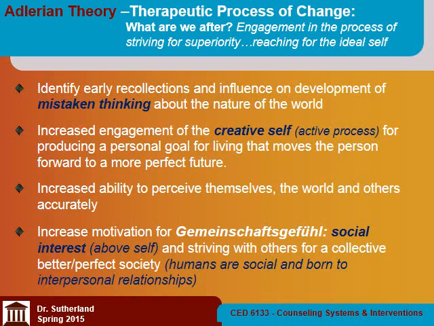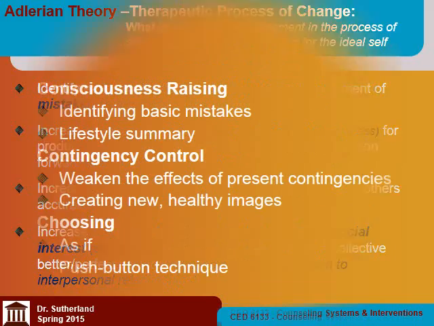Be aware of all of that, and be aware as well of the creative self and how that is an active process that's aimed at producing a personal goal for living. And then we talked about social interest again earlier. So again, please be mindful of looking at all of that and being very familiar with it as it's discussed in your text.